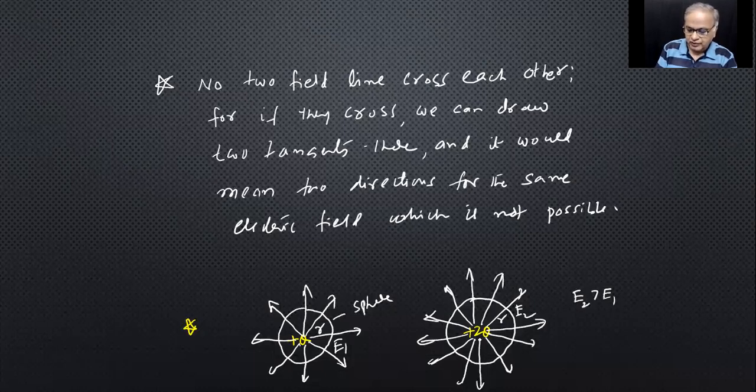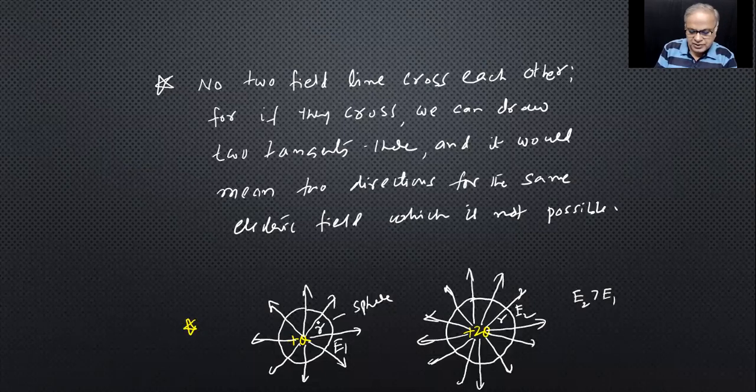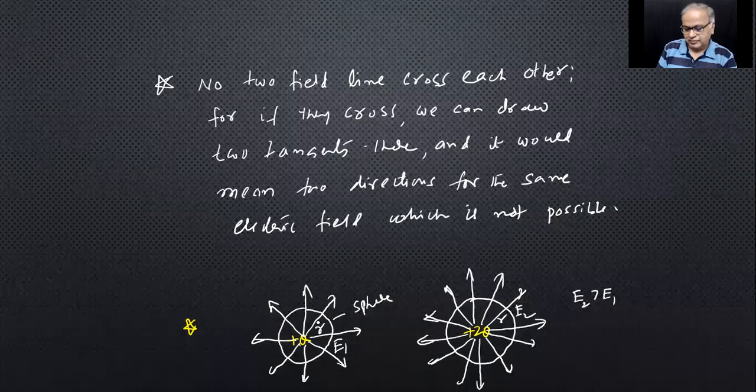We already know from Coulomb's law that the field at this point is greater, isn't it? Otherwise, remember, I can draw an infinite number of lines around a charge. So depending on the requirement, I can decide a particular scale for the field lines and draw them for different charges.